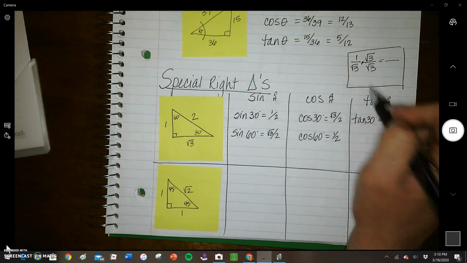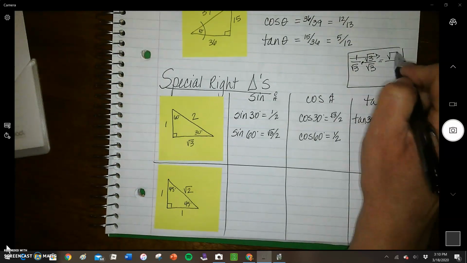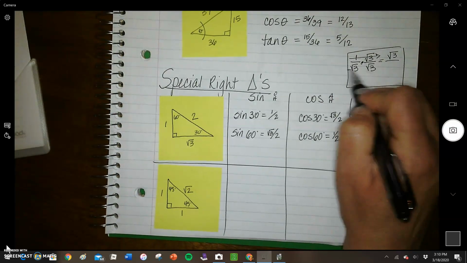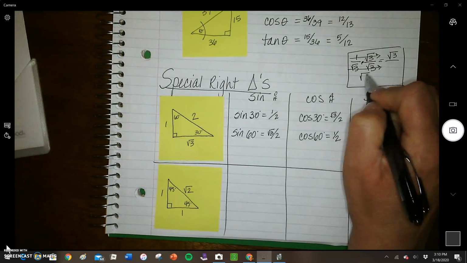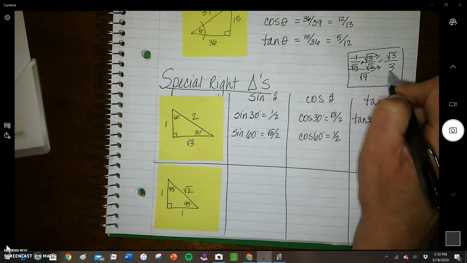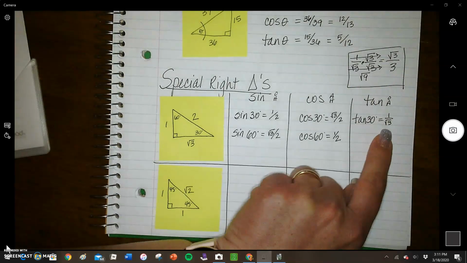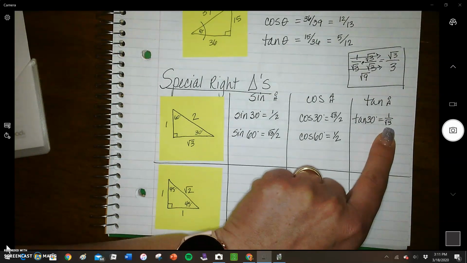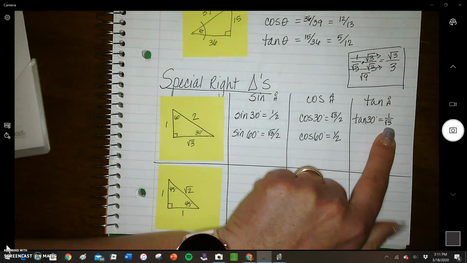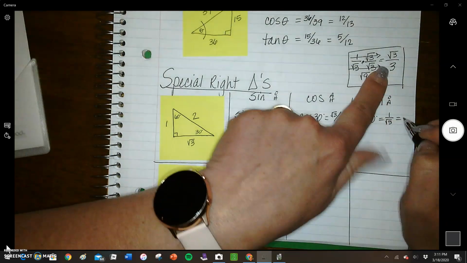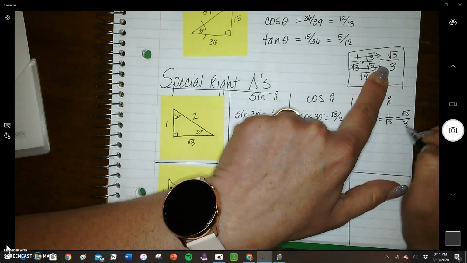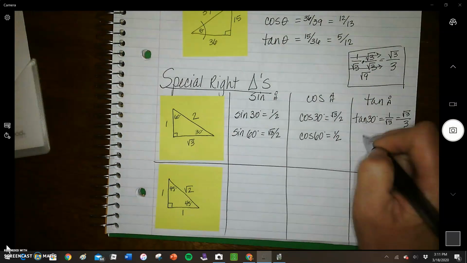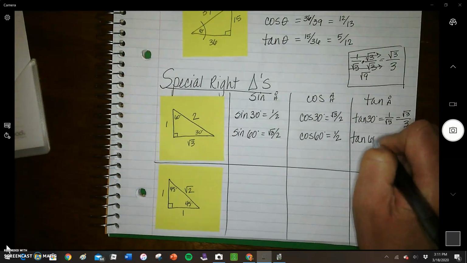So if we multiply across, 1 times the square root of 3 is root 3. The square root of 3 times the square root of 3 becomes the square root of 9, which is 3. So if we rationalize this denominator, the tangent of 30, being 1 over root 3, we're going to get root 3 over 3. Okay?